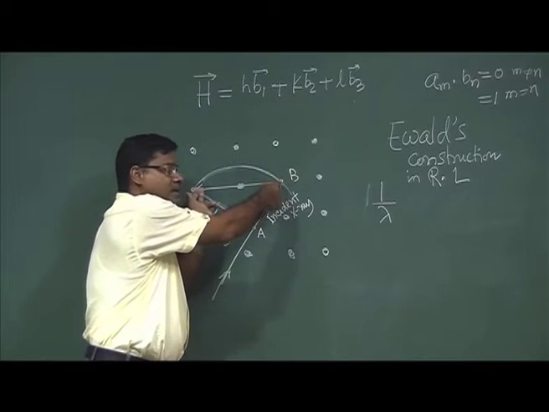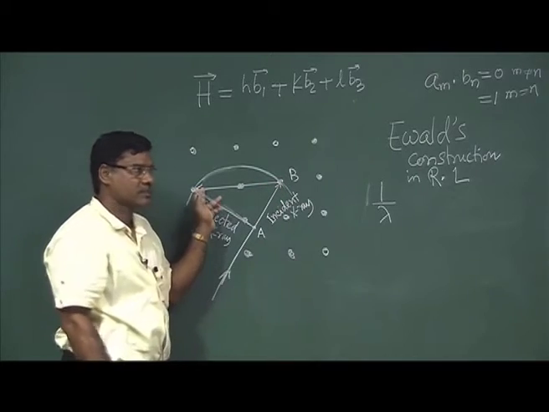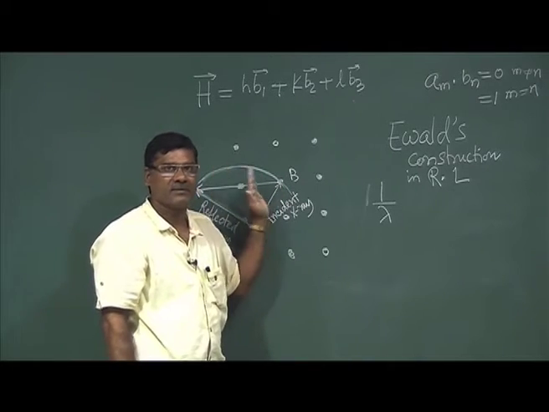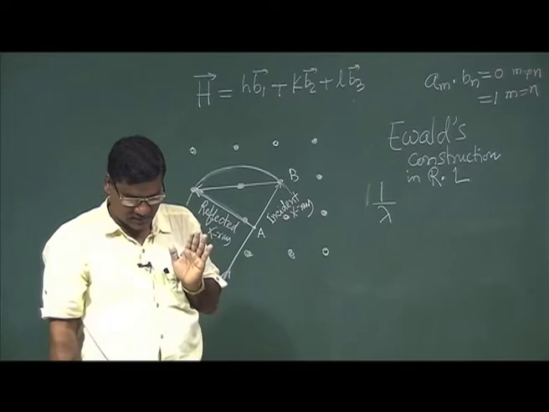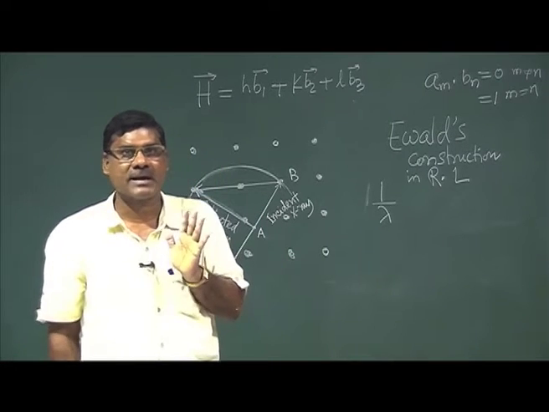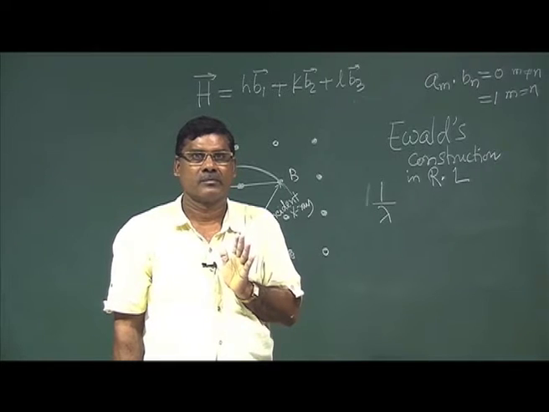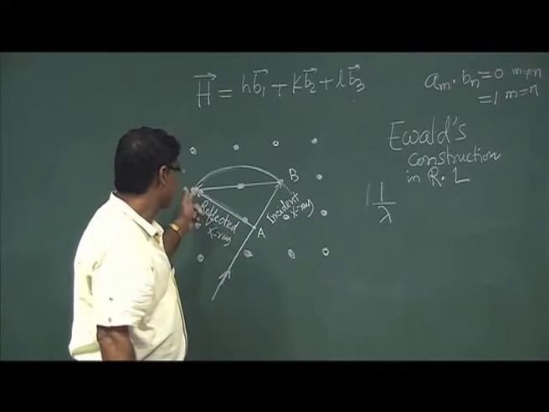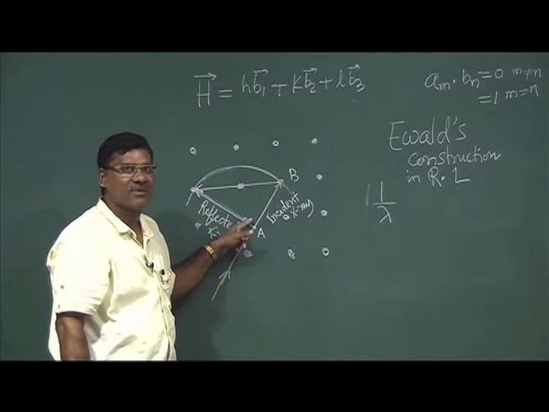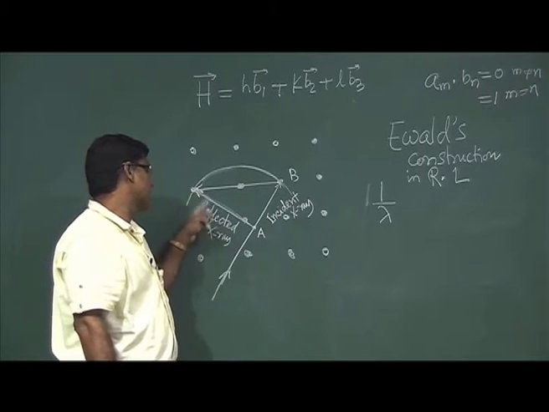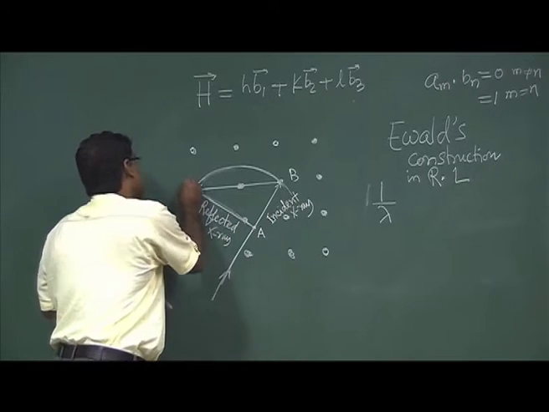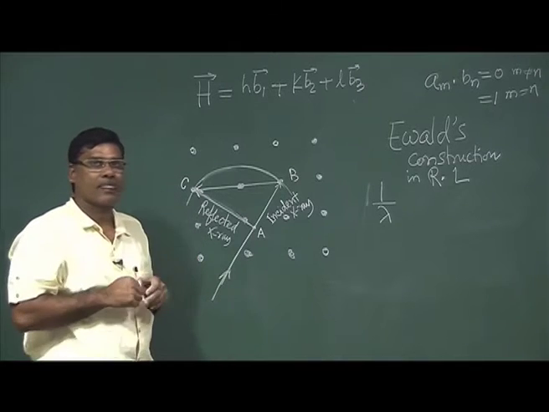So this will be the normal of the HKL planes, from where this incident X-ray is reflected in this direction, towards AC.